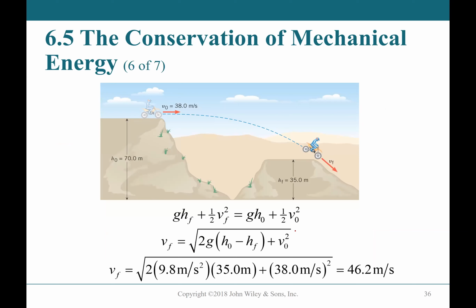So now I'm able to solve this problem in basically one equation. Whereas before, and you can look in your midterm, you will see we had to first find the time, and then we had to find the distance, or we had to find several things. But now we see there's a much easier way to solve it using the conservation of mechanical energy.